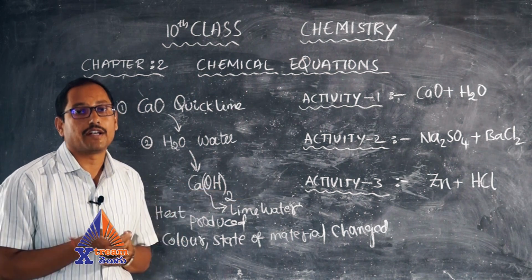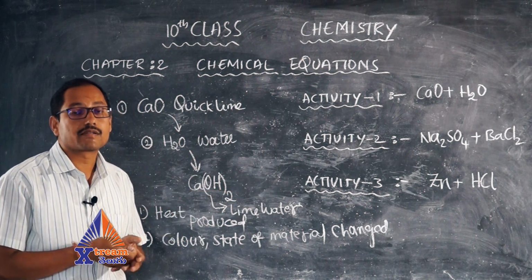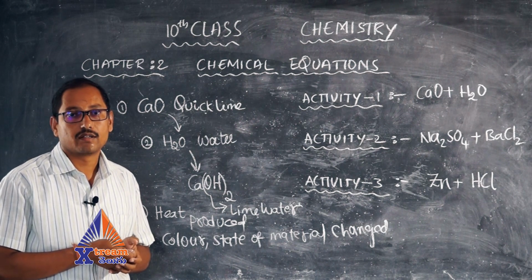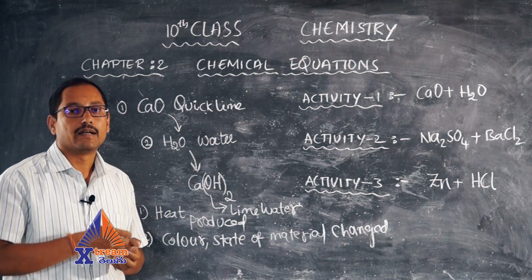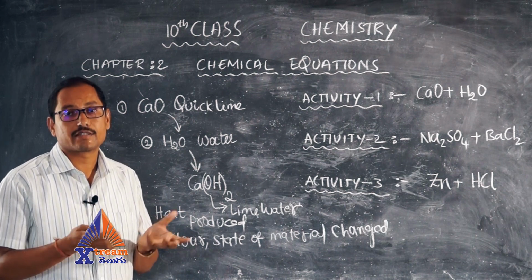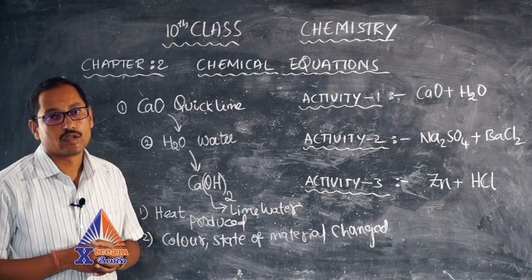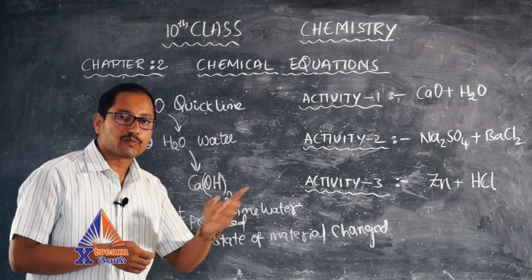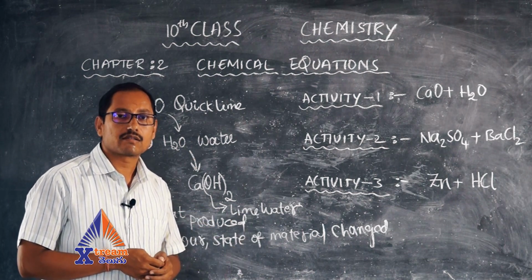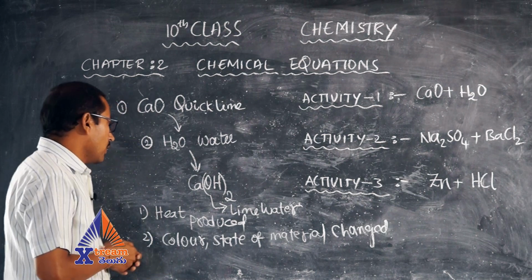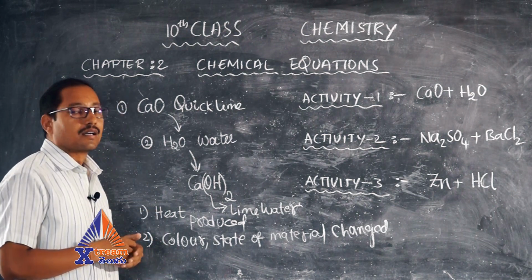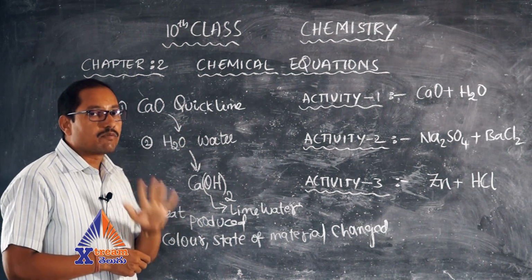Calcium oxide is solid, but when it is mixed into liquid, that is water, the color has changed, and it has also become a solution, which is nothing but an aqueous liquid. So the material's color has changed and the material's state has changed. So these are the conclusions here in activity 1.